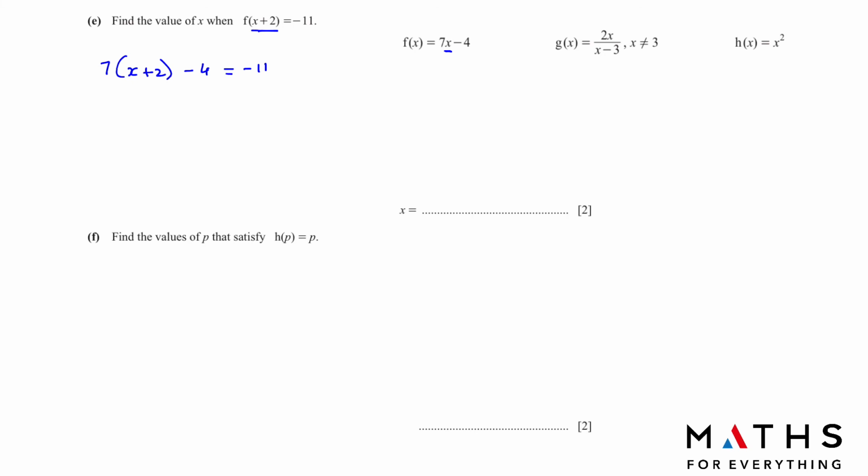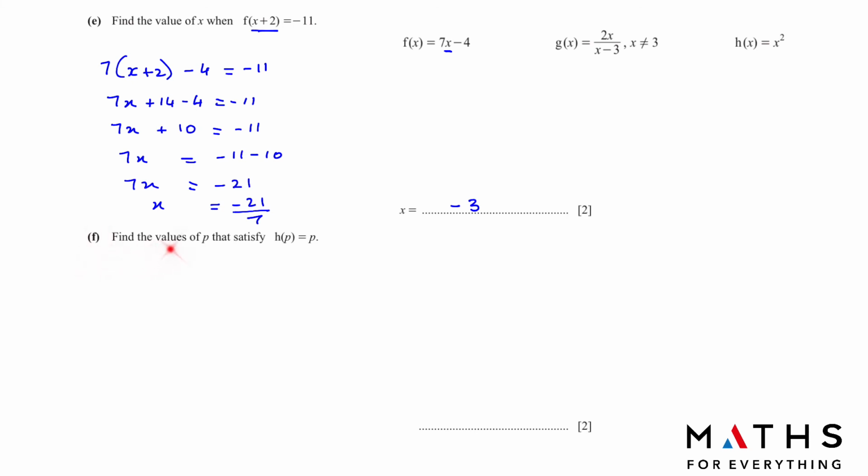Expand the bracket. 7x plus 14 minus 4 is equal to negative 11. 7x plus 10 is equal to negative 11. When you shift the 10 to the other side, it will become negative 10. It will be negative 21. Divide both sides by 7 and we will get x is equal to negative 3.